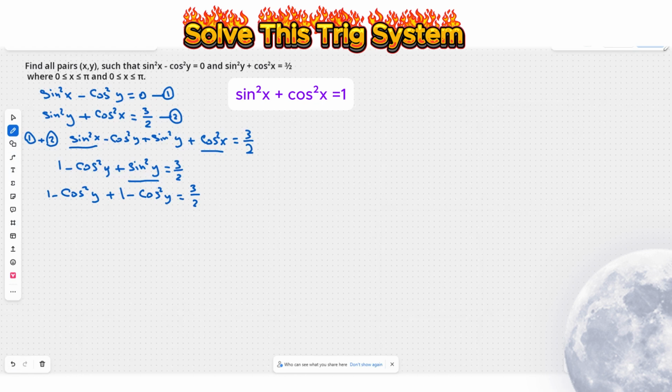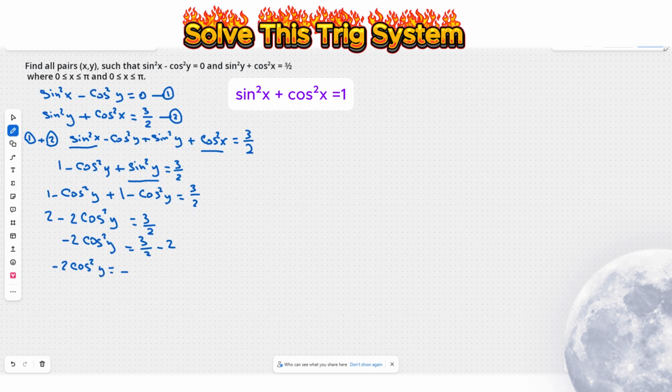And therefore, we're going to have 1 plus 1 here is going to give me 2. And negative cos² y minus cos² y is going to give me negative 2 cos² y equals 3/2. Now I'm going to move the 2 to the other side. I'm going to have negative 2 cos² y equals 3/2 minus 2.